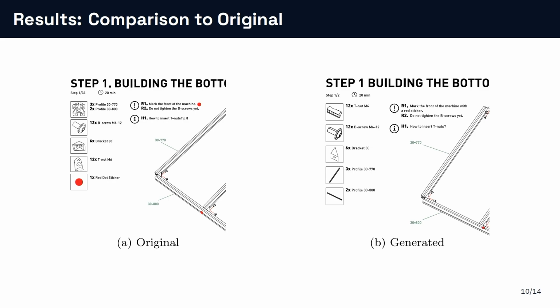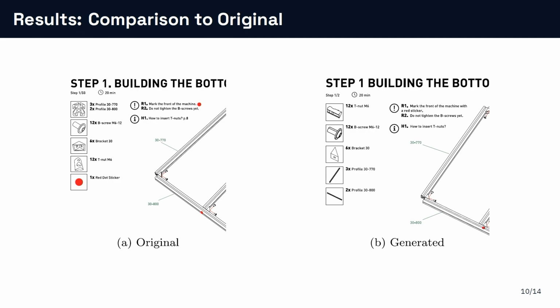So here the red dots sticker, used here in the text, that's a little bit difficult for us in our software to be able to insert a red circle in the text. So we are not as flexible as a graphic designer, who manually places all these things onto the page.